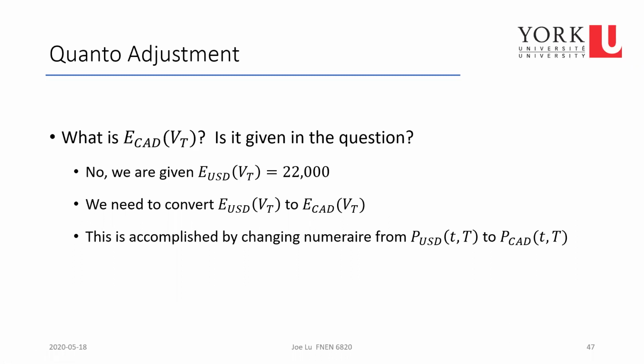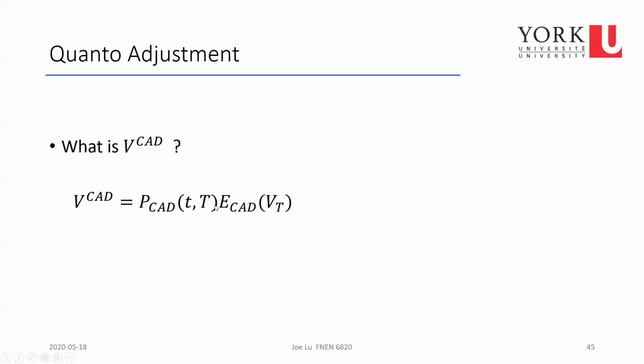So it's an expectation under two different measures because we have used different numeraire assets. So we need to convert this expectation into this expectation. And then once we have done that, we can just multiply by the Canadian discount rate, and we'll get the value here in Canadian dollar. So we have to do the adjustment here.